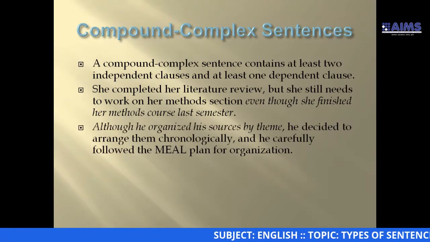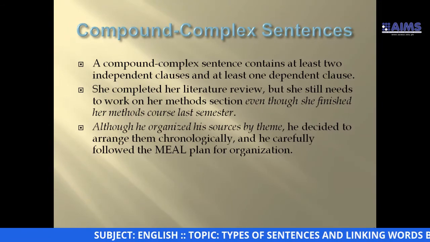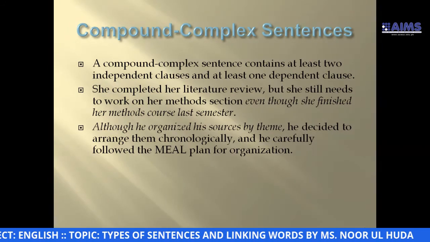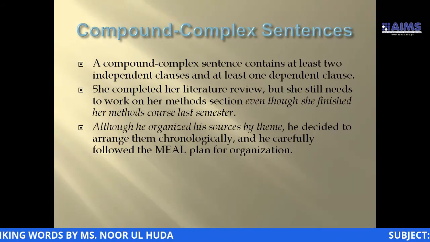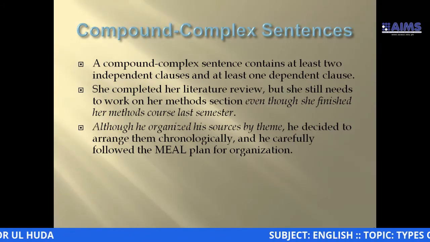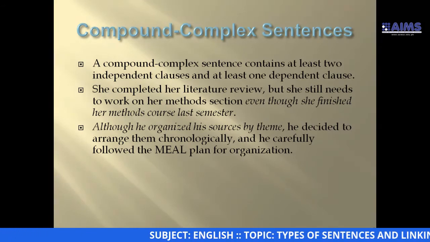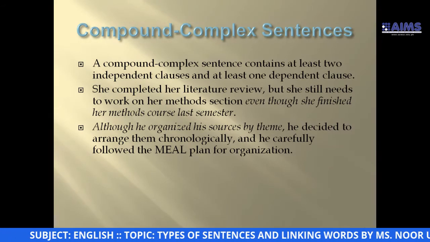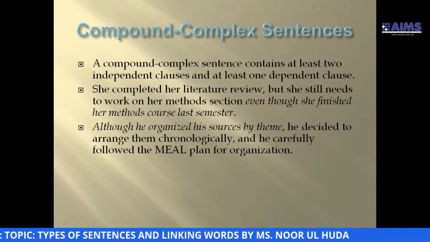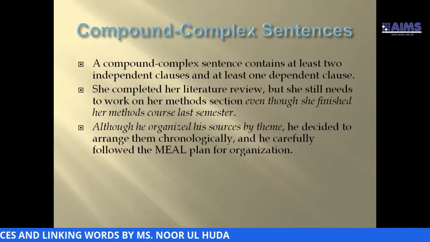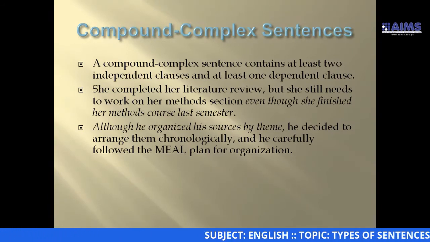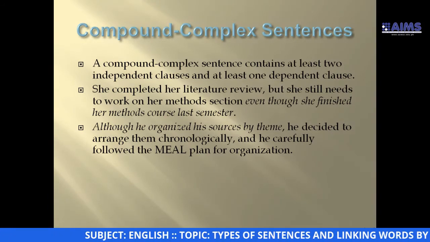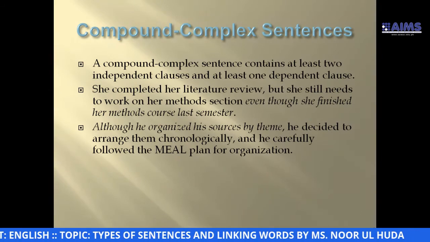Okay, the other example. Although he organized his sources by theme, he decided to arrange them chronologically and he carefully followed the meal plan for organization. The first one is the dependent clause: although he organized his sources by theme. He organized his sources by theme would be independent, but by putting "although," we have made it a dependent clause.